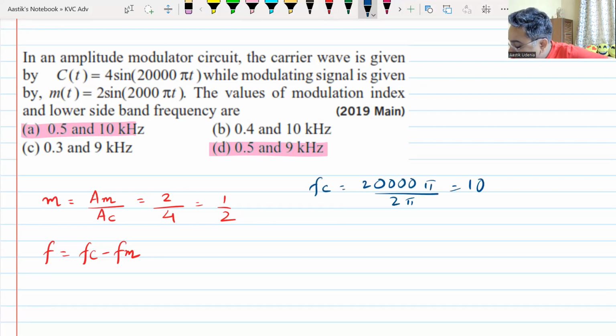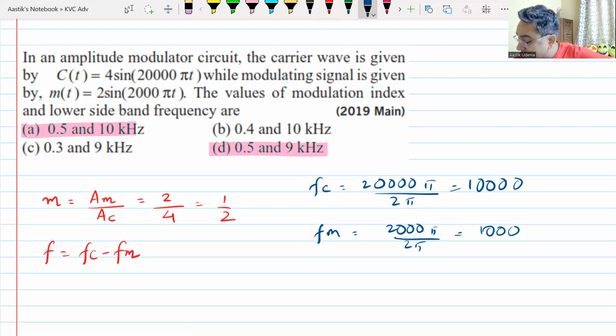So this is 10,000, yes or no? Yes, sir. And FM is 2000 pi divided by 2 pi. So that is 1000. So your frequency becomes 9 kilohertz, and the correct answer is option D.